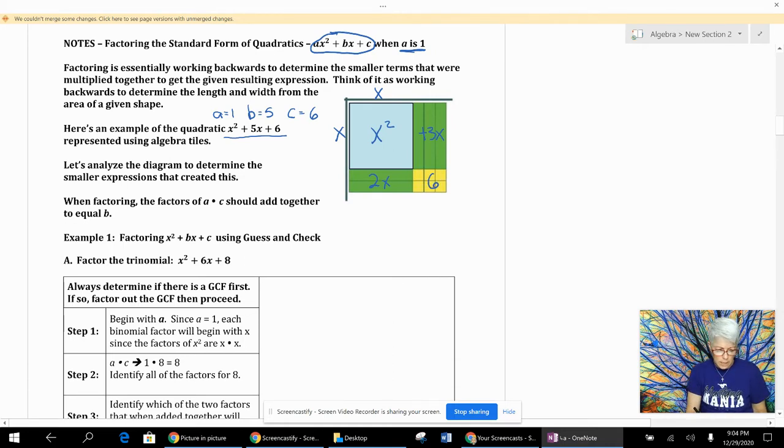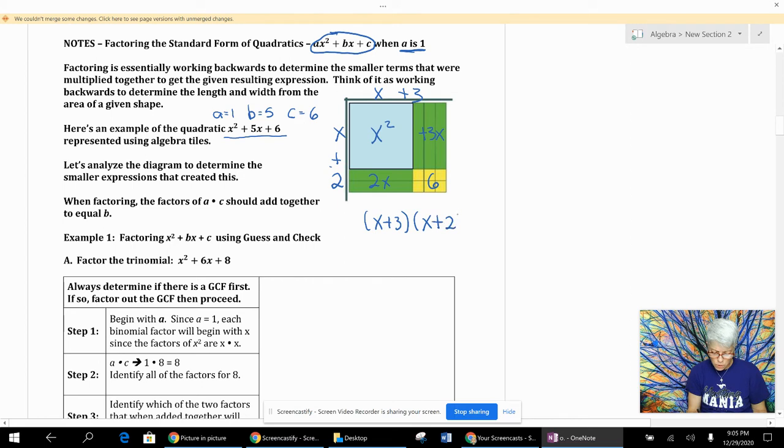So this is saying x plus 3, and this is saying x plus 2. And these are actually the factors of the original quadratic equation.